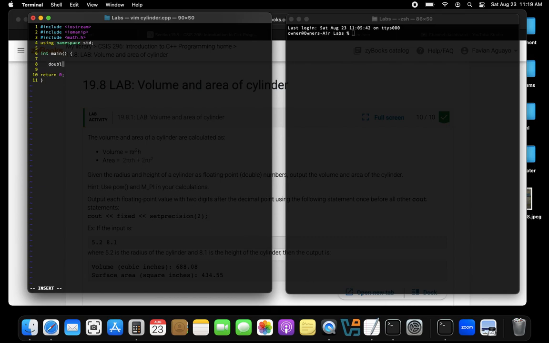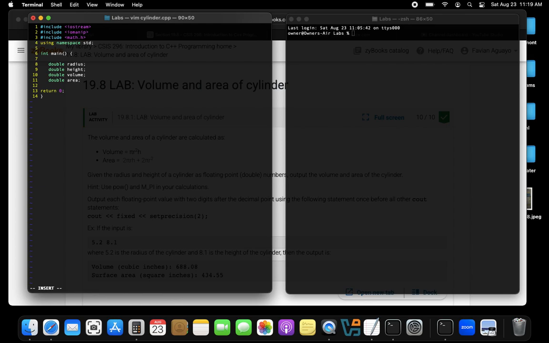So we've got doubles for radius, doubles for height, doubles for volume, and double for area.